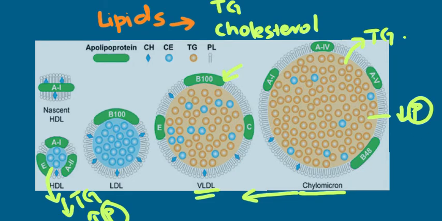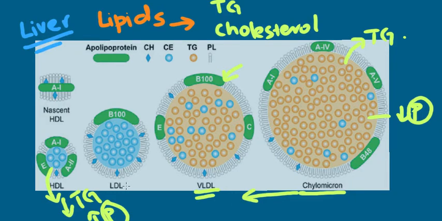What is basically apolipoprotein? Apolipoprotein जो होता है वो आपके liver में बनता है. ठीक हो गया? And this is merely just to stabilize this whole structure. If this was not there, it would be really hard for this molecule or chylomicron molecule or globule, as you can say, to stabilize. ठीक हो गया?